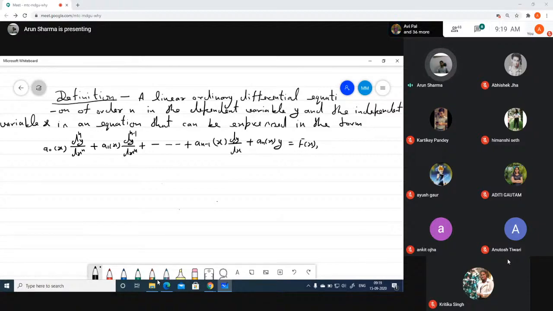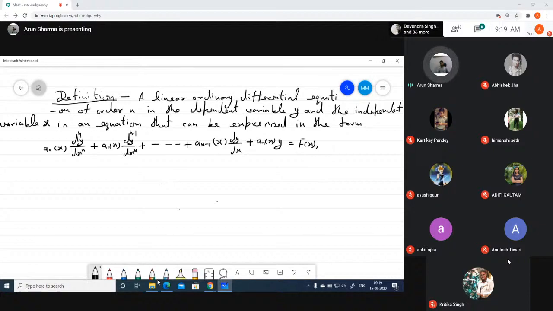We have seen it earlier in the first or second class. Now I will categorize this linear equation into two forms. One form is f(x) equal to 0 and one form is f(x) not 0. When f(x) equals 0, the whole left hand side equals 0, so we call this a homogeneous linear equation.